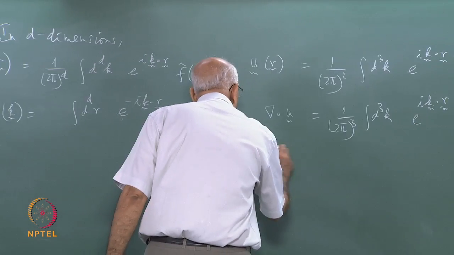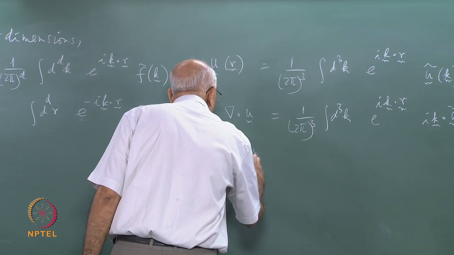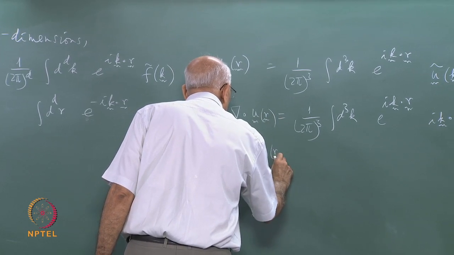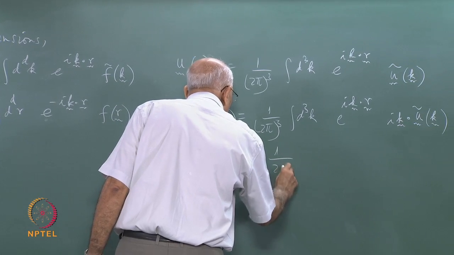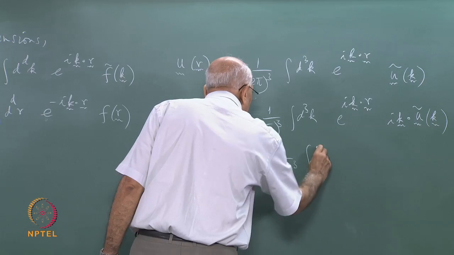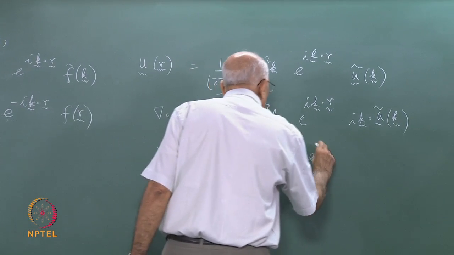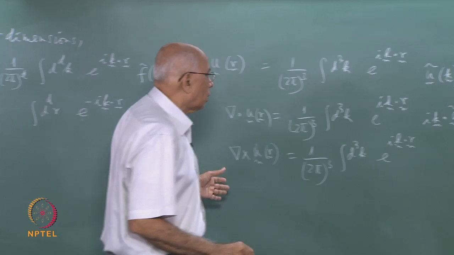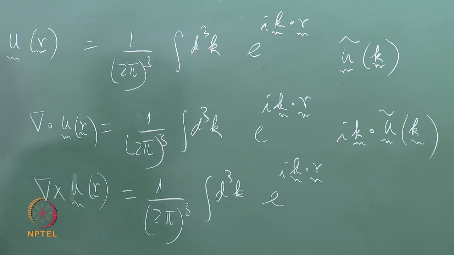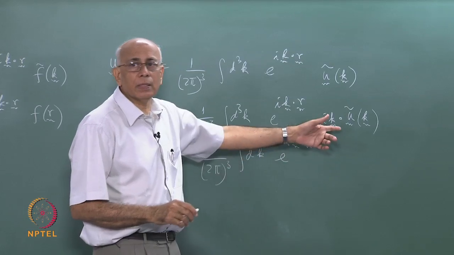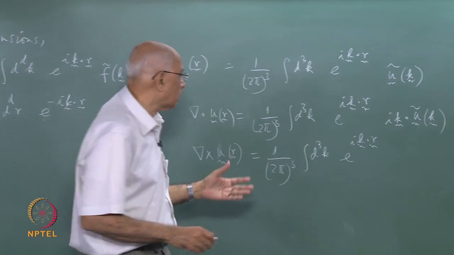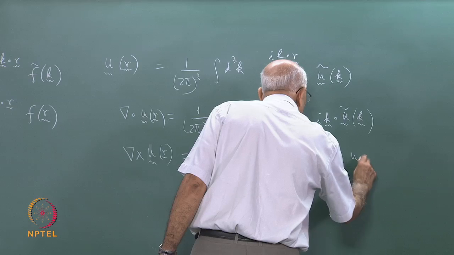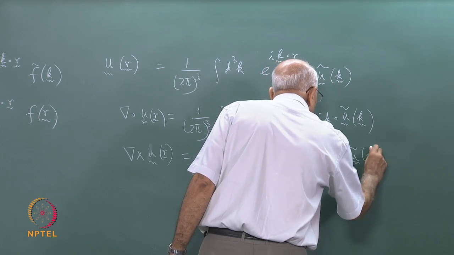In exactly the same way, del cross u of r, these are all functions of r, is 1 over 2 pi whole cubed integral d3k, again e to the I k dot r. You need the formula for the curl of a vector times a scalar, and the vector in this case does not involve r at all, so you just have one term, and that is I k cross u tilde of k.